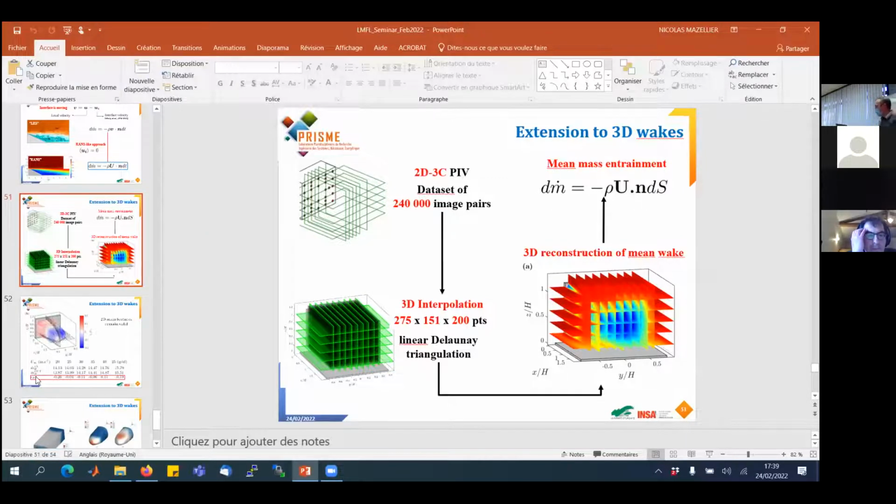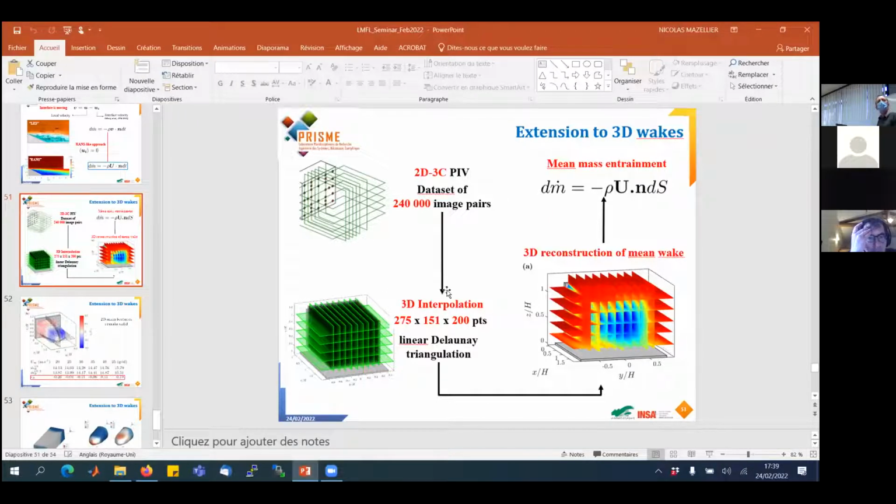Okay. So I will present you maybe the results coming from the experiments in 3D. This is the experiment that we have done on the Ahmed body, where we have made a lot of stereo PIV planes in the vertical and the horizontal directions.